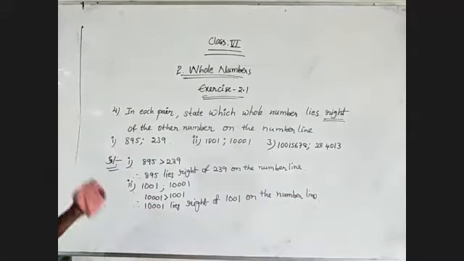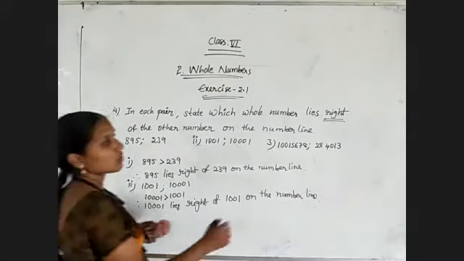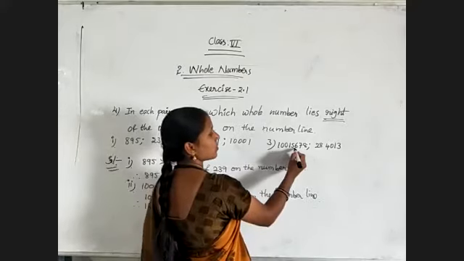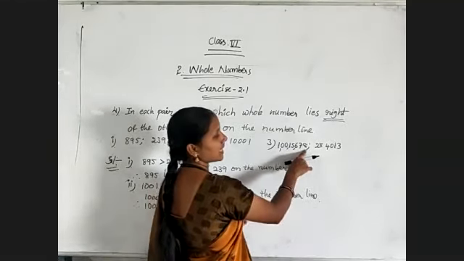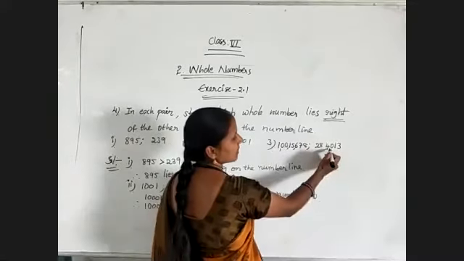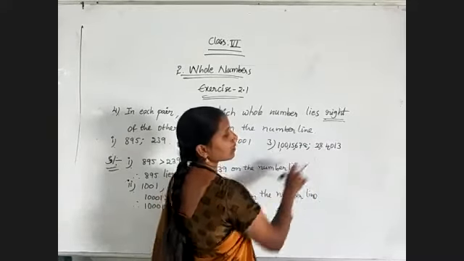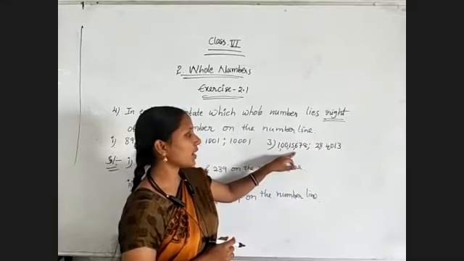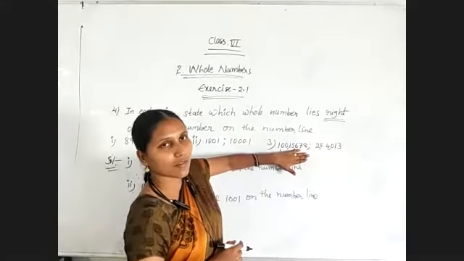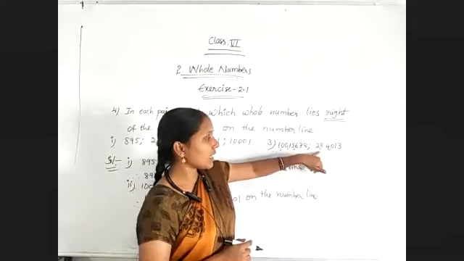And next, the third question. Among these two, which one is the greatest value? Just observe, this number is 1,15,678 and this number is 2,84,013. Otherwise, count the digits: 1, 2, 3, 4, 5, 6, 7, 8 digits are there in the first number. And here 1, 2, 3, 4, 5, 6 digits are there.